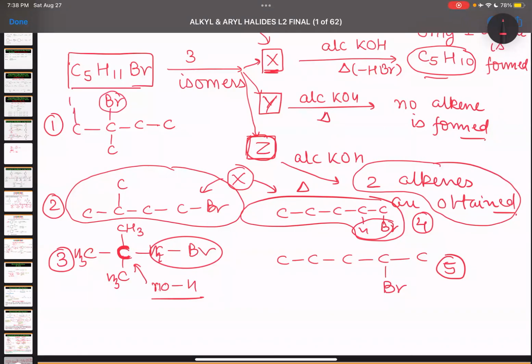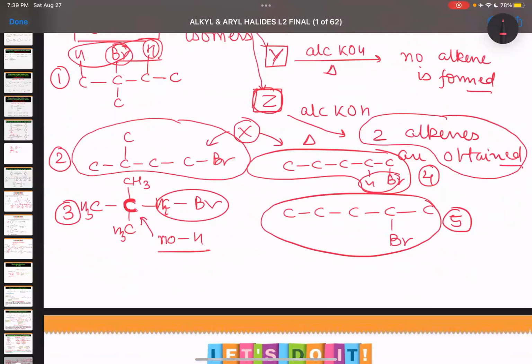The hydrogen can be removed from the left hand side or the right hand side, right? And 2-bromobutane also will give you two alkenes, pent-1-ene and pent-2-ene. Is it correct? Okay, so now let's move to the next question.